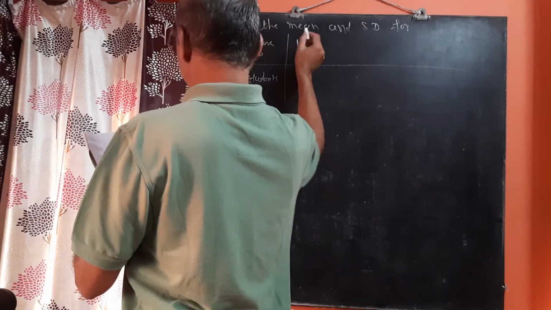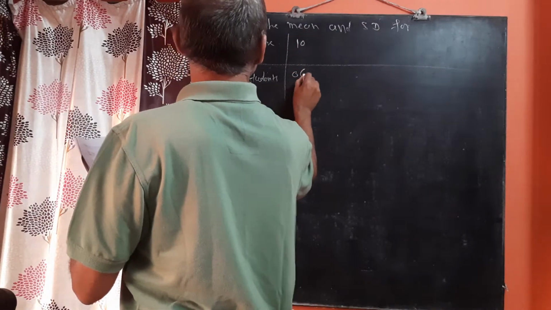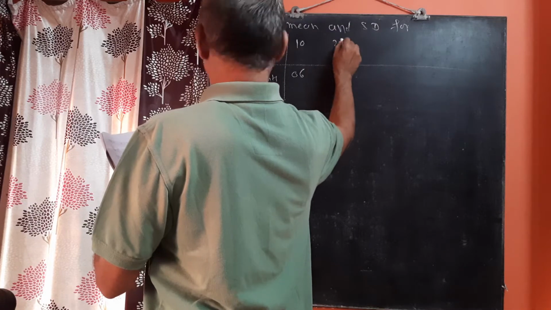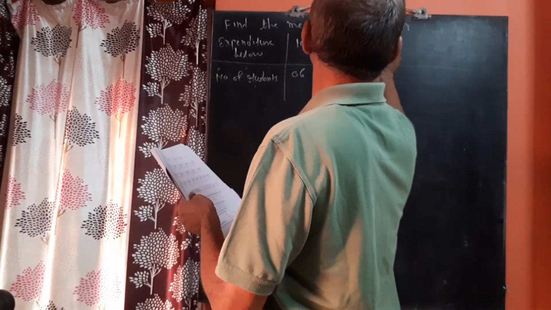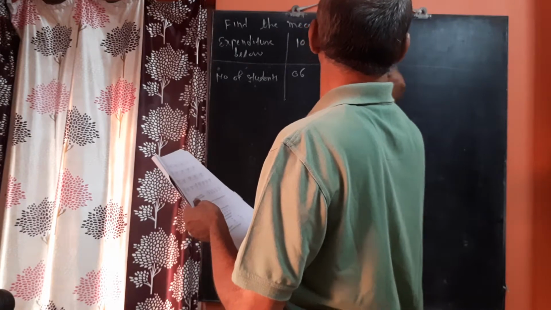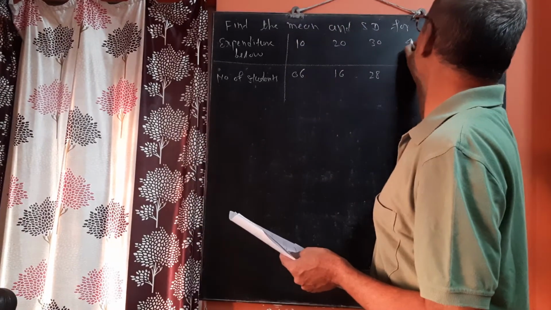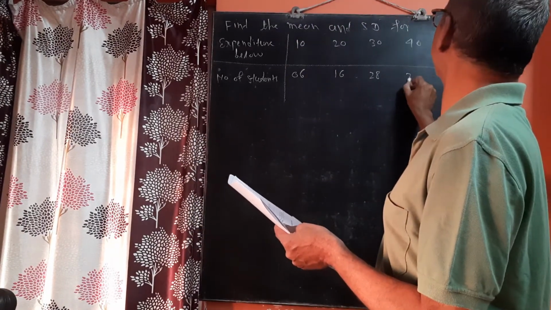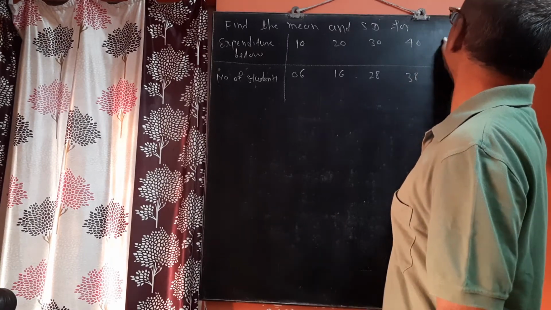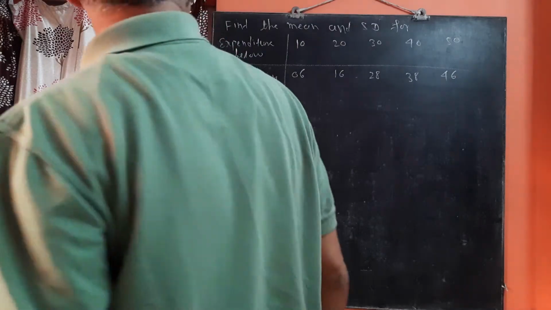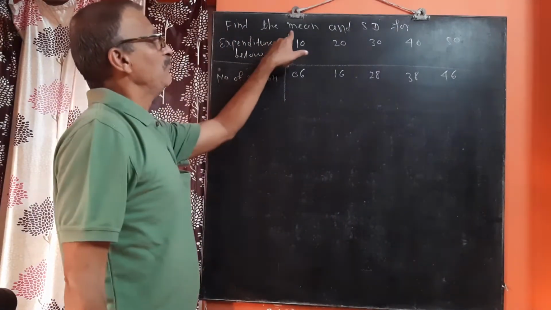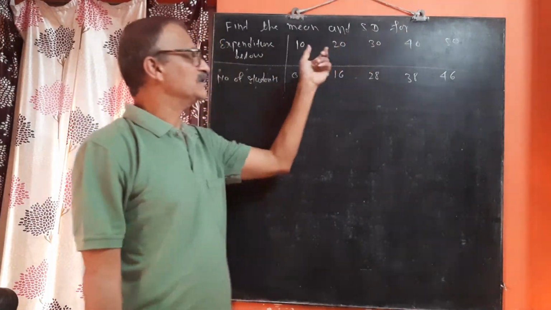Expenditure below 10, the number of students is 6. Below 20, the number of students is 16. Below 30, the number of students is 28. Below 40, the number of students is 38. And below 50, the number of students is 46. So we have to find the mean and standard deviation for this one.